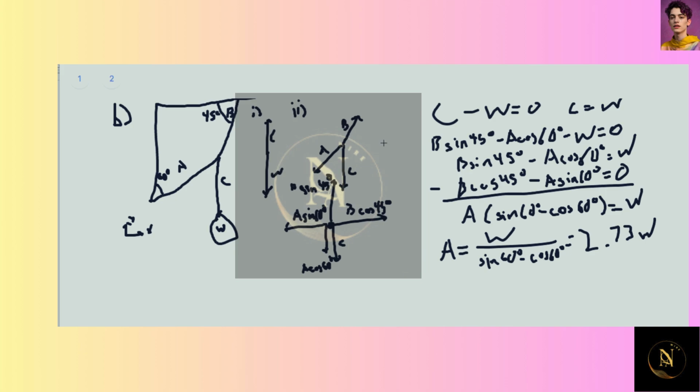And just like before, we can use one of our equations here, the B cosine 45 degrees minus A sine of 60 degrees equals 0, to define B in terms of A. So we have B is A times sine of 60 degrees over cosine of 45 degrees.